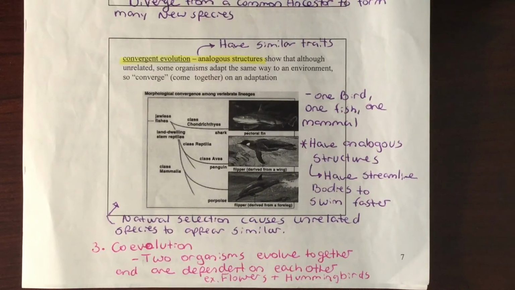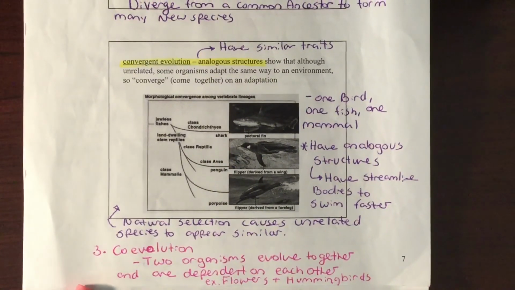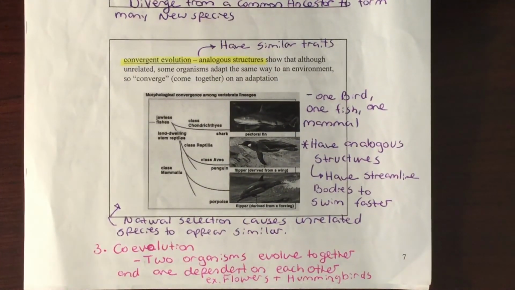Completely different organisms, but because they all have these streamlined bodies, just like that bird and butterfly all have wings and use them to fly, but they're completely different organisms. Same thing with your shark, your penguin, and your porpoise. Completely different organisms. However, these streamlined bodies make them appear very similar.